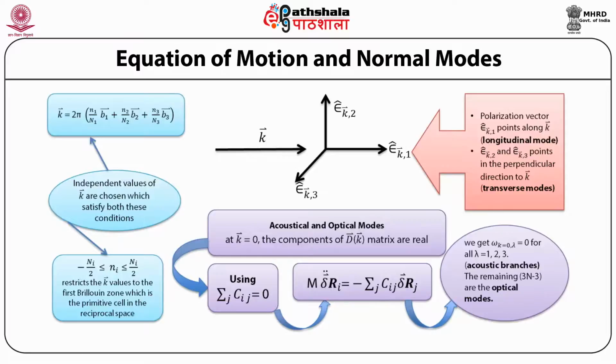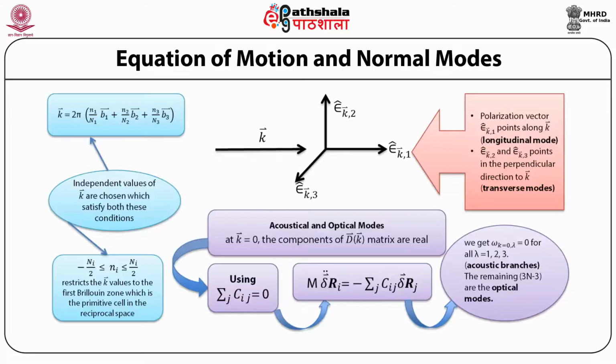So consequently we choose independent values of k which satisfy the equation I just mentioned, and another condition, that all these small n_i's, that is n1, n2 and n3, should be greater than or equal to minus capital N_i by 2 and less than or equal to positive capital N_i by 2. So simultaneously k has to satisfy these two equations. Independent values of k are chosen which satisfy both these conditions.